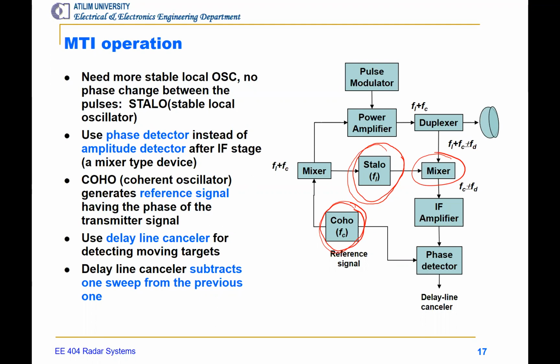That's why we call it a coherent oscillator. It is the initial signal that's produced by this coherent oscillator, and then mixed up to the frequency that we want to use anyway. And then with a power amplifier, it's transmitted. So we are now sure that the transmitted signal is coherent enough. And then this is also used by the stable oscillator as a reference signal at the receiver chain.